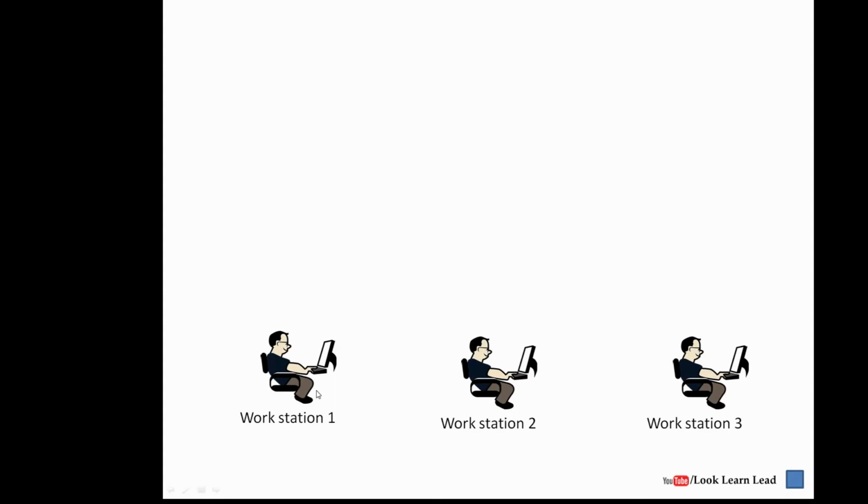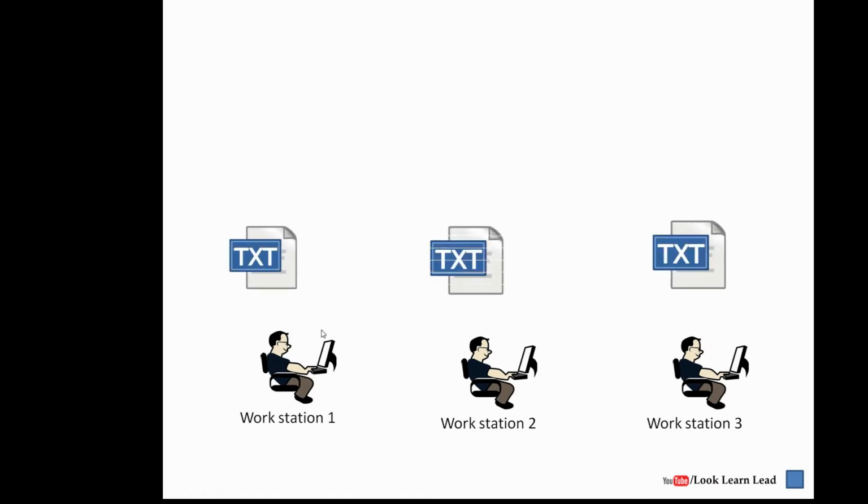Suppose we have 3 programmers working on the same project on 3 different workstations: workstation 1, workstation 2 and workstation 3, and they all are working on the same text file. But the person sitting at workstation 1 is unaware of the changes being made by the persons at workstation 2 and workstation 3.